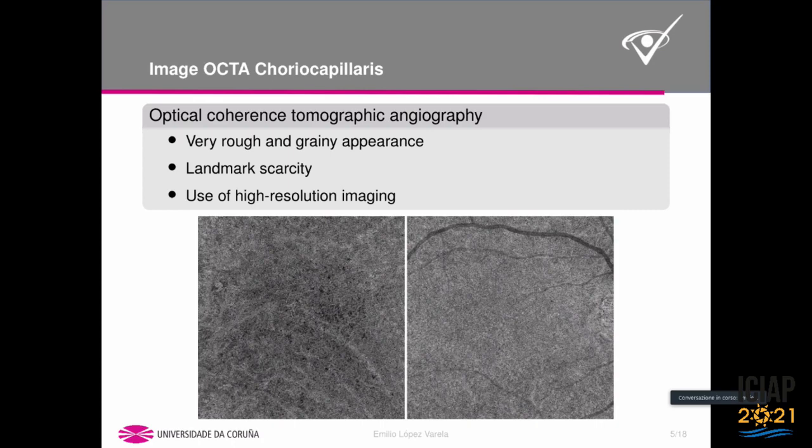Besides, in contrast to other imaging modalities such as MRA, this imaging modality does not present large, efficient, and representative structures that appear in all images. For example, when you scan a brain, you can see typical structures, but here not. And furthermore, in clinical use, it is typical to use high resolution images, which present larger displacements in the deformations and make them more difficult to resolve.